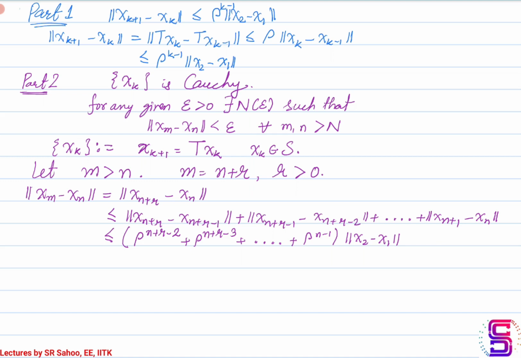Now this is again going to be, if I take rho^{n-1} common, rho^{r-1} plus rho^{r-2} till 1, times norm of x_2 minus x_1.